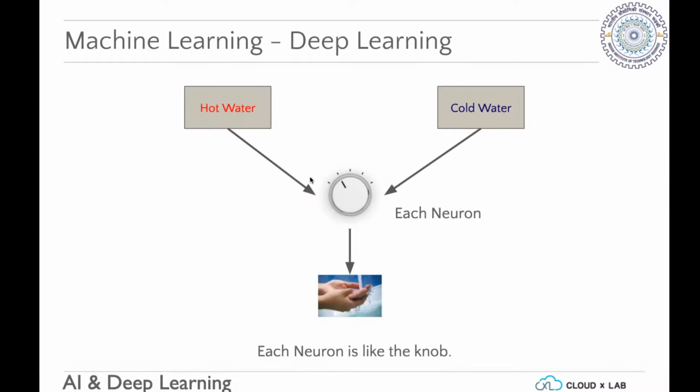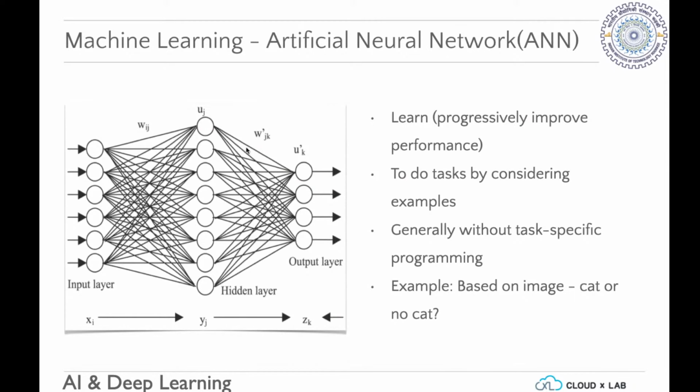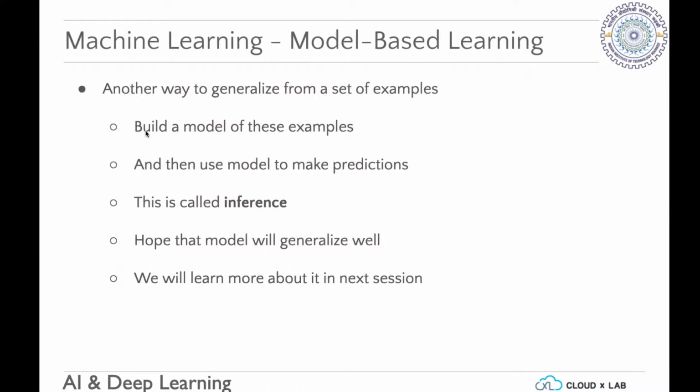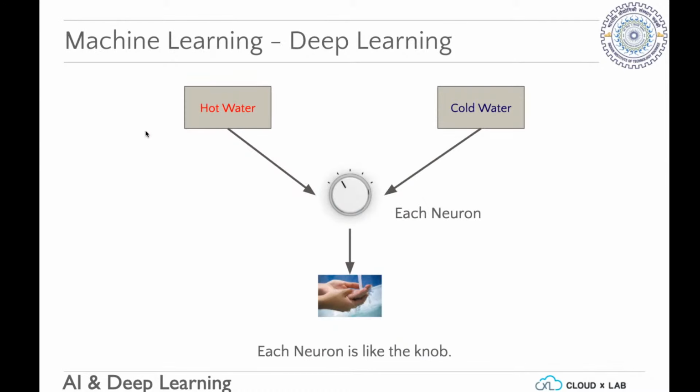This was the simplest example, at the one neuron level. What you notice here is like a knob, and the knob has inputs from all the previous layers, and each of the inputs is multiplied by a certain weight. In terms of the knob, the weight is how much it is towards the hot water or how close it is to the cold water.